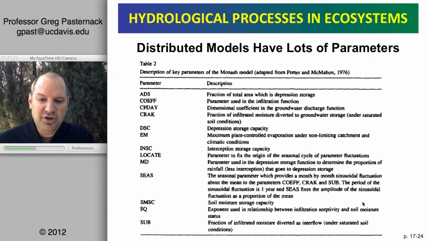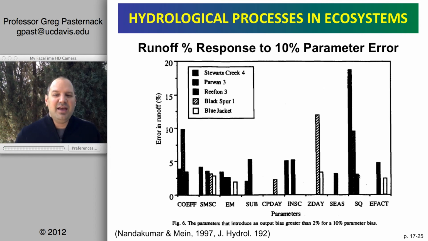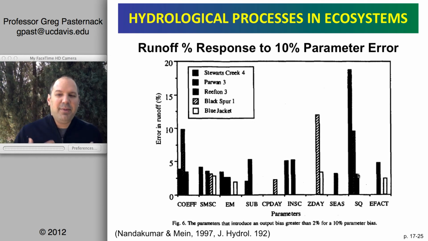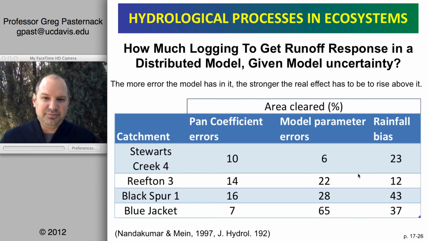You can see that SQ, which I told you before, actually yields the greatest error, and it disproportionately affects Stewart's Creek number 4, whereas for other ones, it doesn't. So that's also pretty confounding. Not only do we have to worry about all these things having errors and sensitivity, but it's not the same for every watershed, which means that you have to do a sensitivity analysis every single time you make a model.